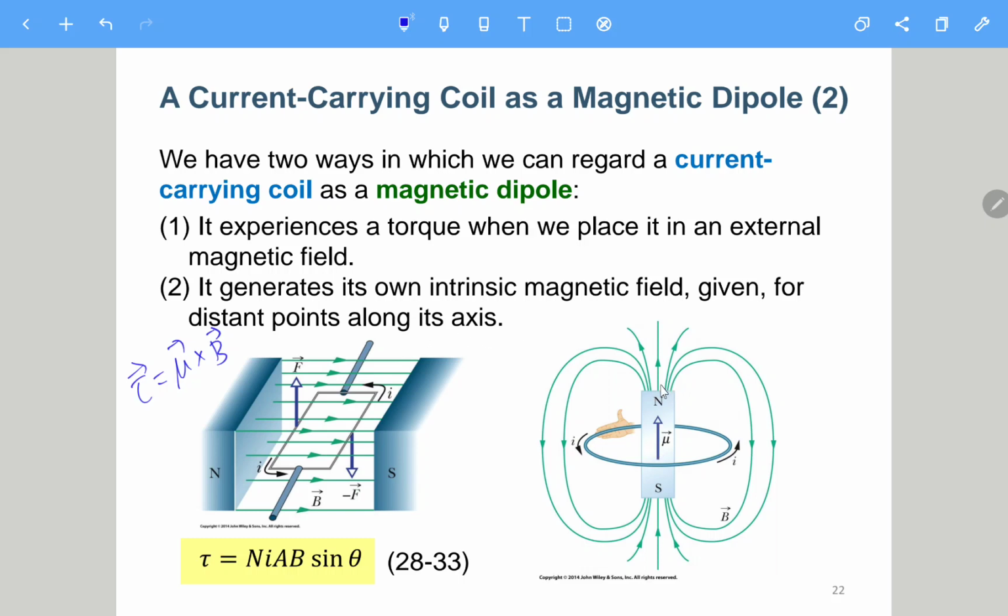The magnet bar will generate a B field line like this. If we replace the magnet bar by this current carrying coil, it will generate the same B field line pattern, by adjusting the I. All the things will be the same, so you can regard this one and this one as equivalent to each other. 它们是等效的.